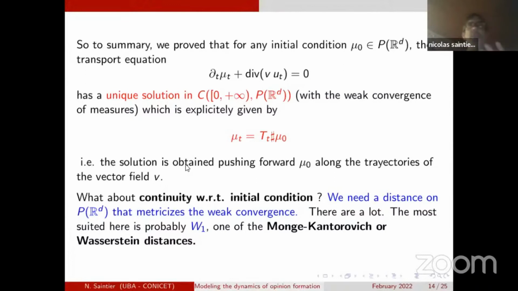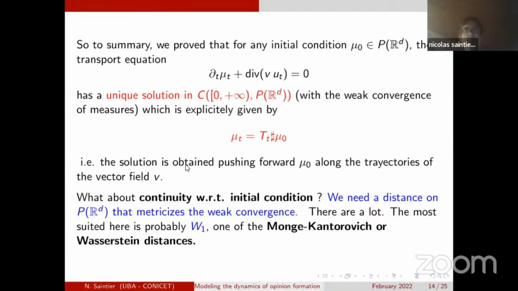I would like to have that the distance between mu t and nu t is less or equal than some constant times the distance between mu naught and nu naught. Exactly the same kind of thing we have for ODEs. So I need a distance.